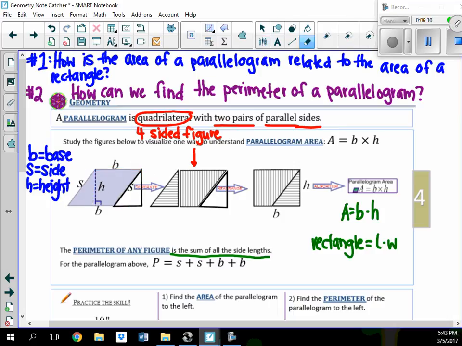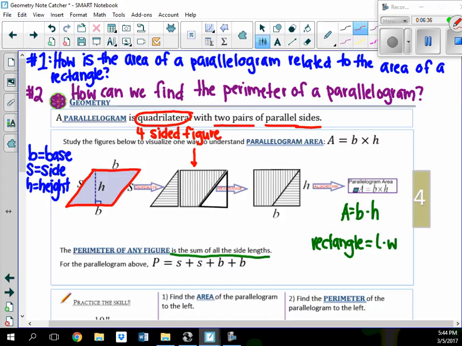So looking at this parallelogram, if we were to add up the sides, we would add up the side plus the base plus the other side plus the base. So we would have 4 sides to add up. Make sure to not make the mistake of adding in the height, because that is not one of the sides that goes around the parallelogram.